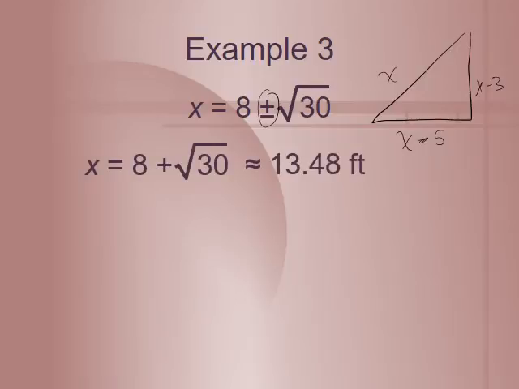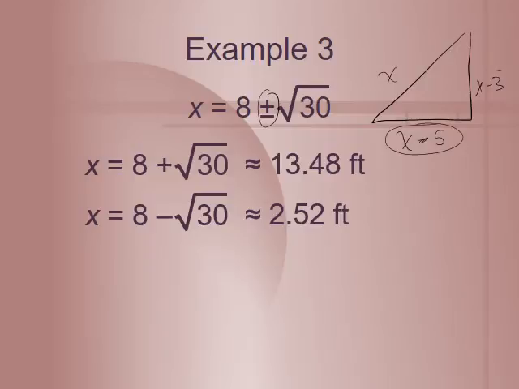If we put these in our calculators to get actual distances, we get 13.48 or 2.52. Now, if we took x and subtracted 5 or took x and subtracted 3, if x was only 2 something, that would give us a negative number for our distances, and we can't have a negative number for our distance.